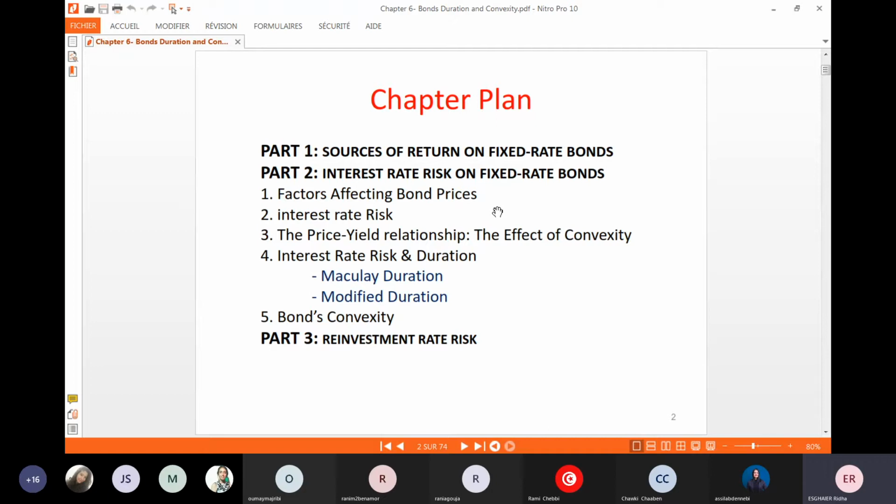We will see what are the sources of the return of this investor and on which parameters, or factors, this return will depend.